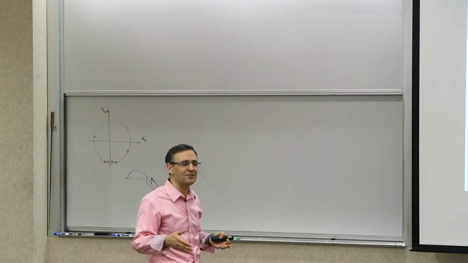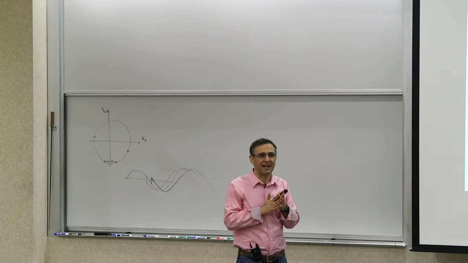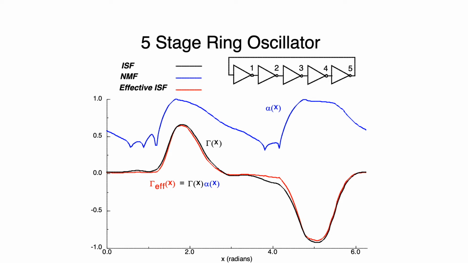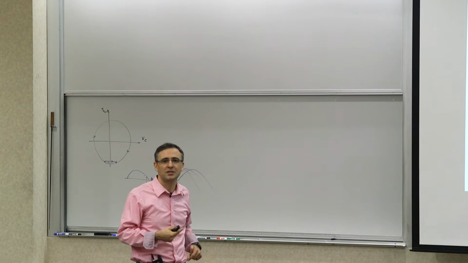So your maximum sensitivity and maximum noise coincide, and you can see it. If you look at the black curve, which is the original ISF, and then you take the NMF, which is the blue curve, and calculate the effective ISF, it is almost exactly the same as the original ISF, which means that there's no improvement, no enhancement due to this alignment.